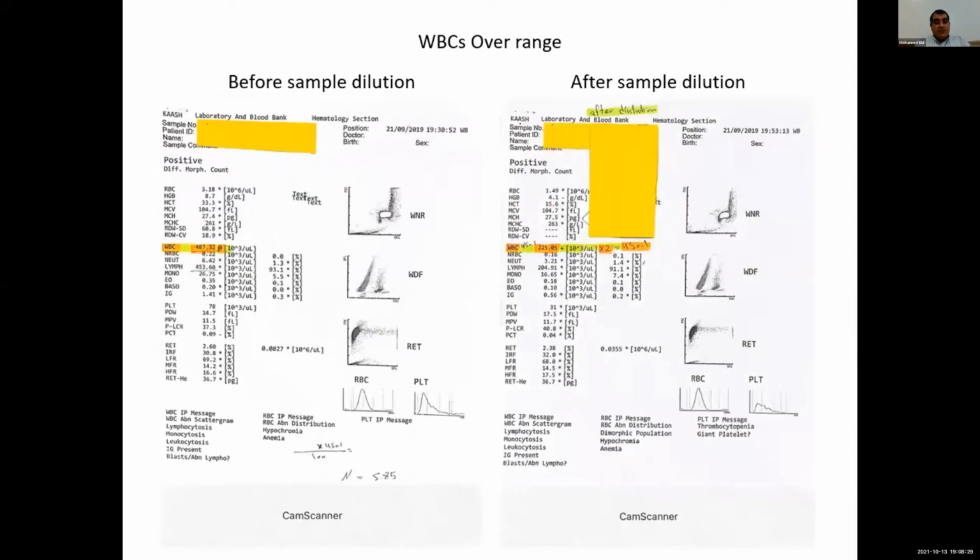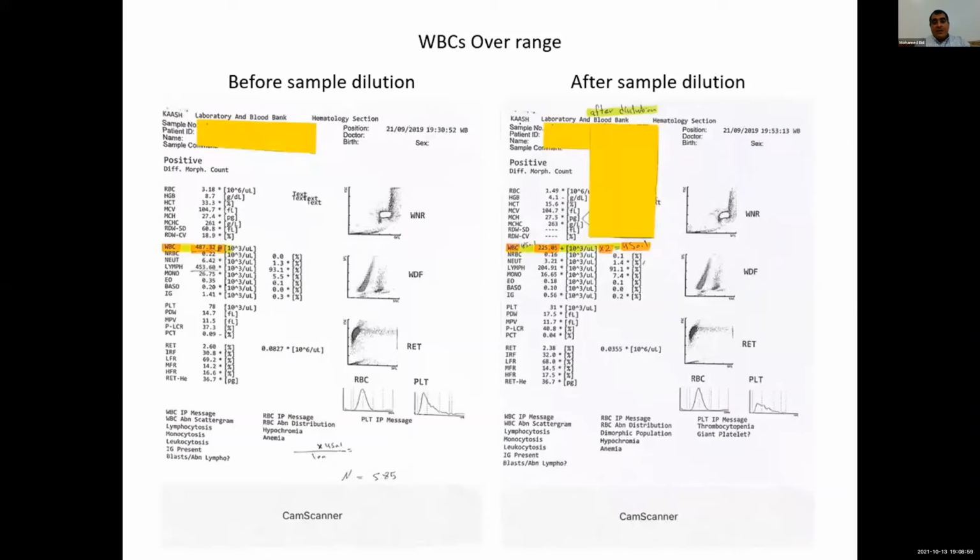This is another example of white blood cell overrange. This is a case of lymphoproliferative disorder presented to our hospital with white blood cells more than 487,000, and this figure exceeds the linearity of the instrument, which is 400,000. So this result is unreliable, and we have to correct it.